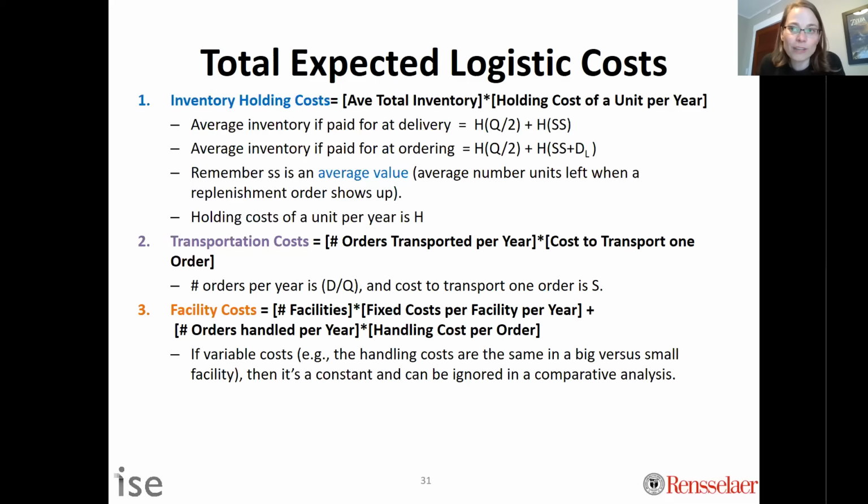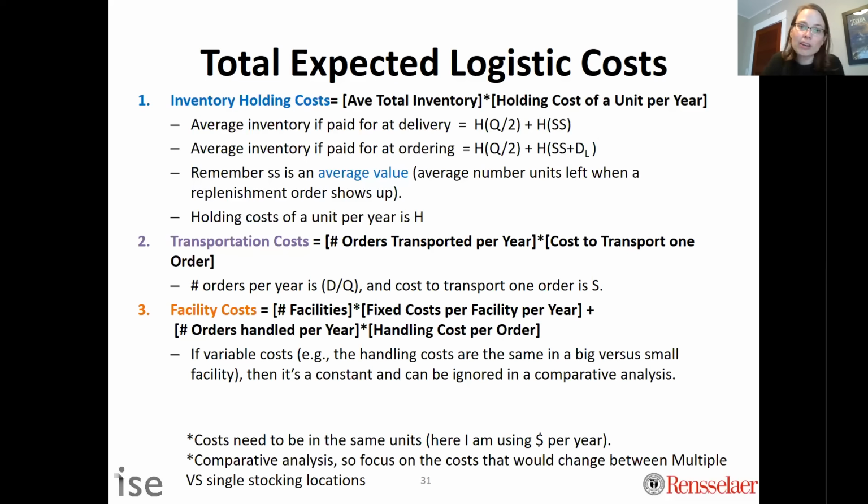Typically there are fixed costs, even if it's a smaller facility; you need a manager, a welcome desk, et cetera. So there's usually fixed cost. And then potentially the variable or per handling cost could change depending on efficiencies, automation, et cetera. And so that would be your facility cost.